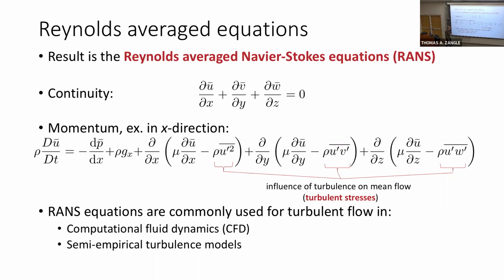It's a standard way of handling turbulence. We can also use it for semi-empirical turbulence models. That's where we're going: we're going to look at a model of turbulence that allows us to predict what's happening within pipe flow. So we care about this chapter, and it will be based on these.